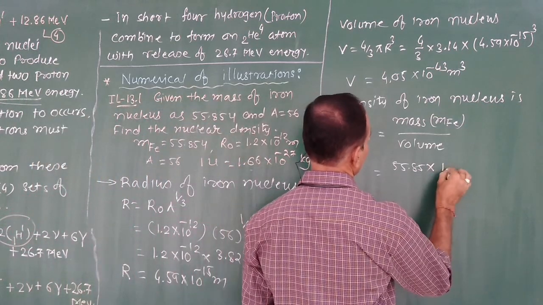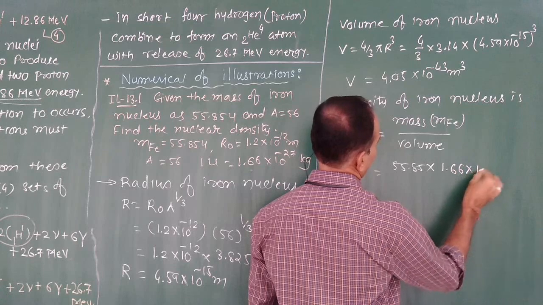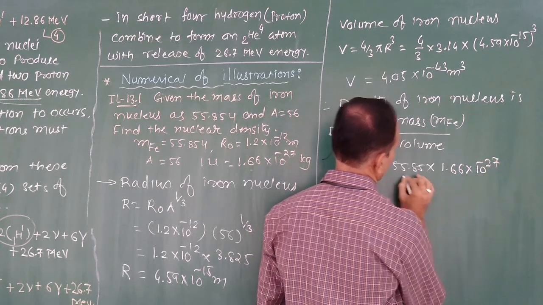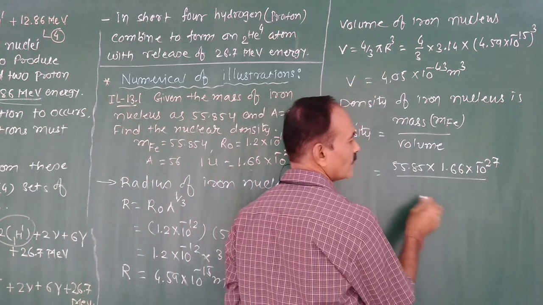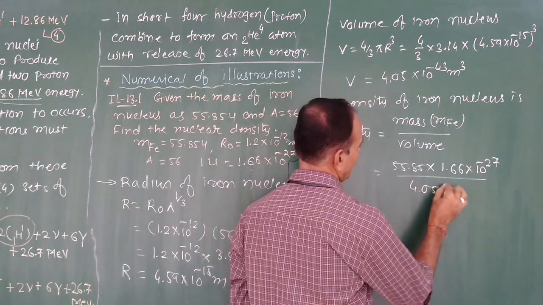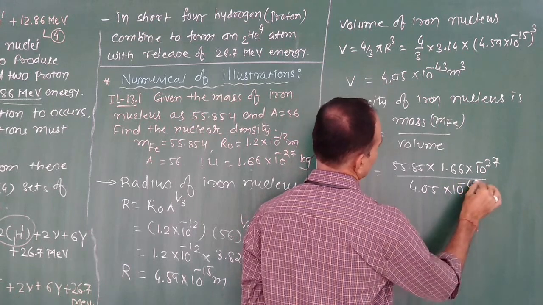Therefore 55.85 multiplied with 1.66 into 10 raised to minus 27 kg, divided by the volume 4.05 into 10 raised to minus 43.